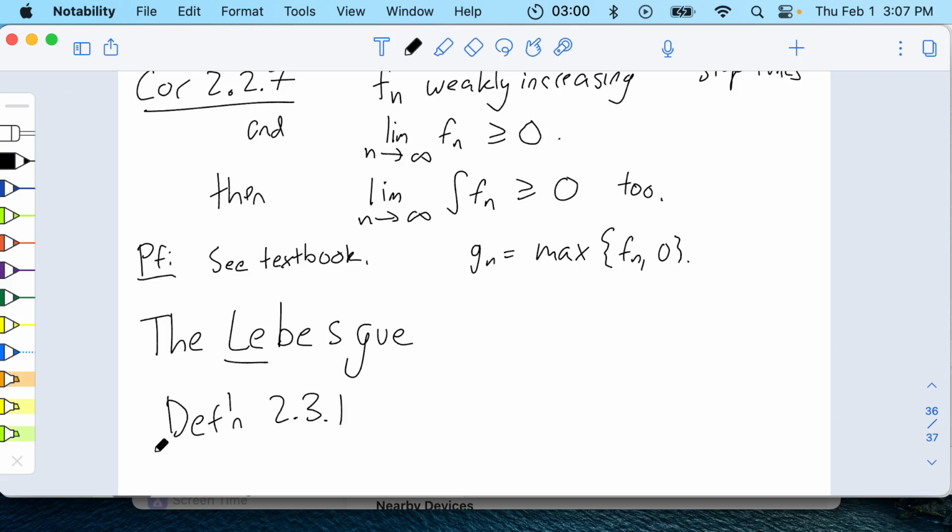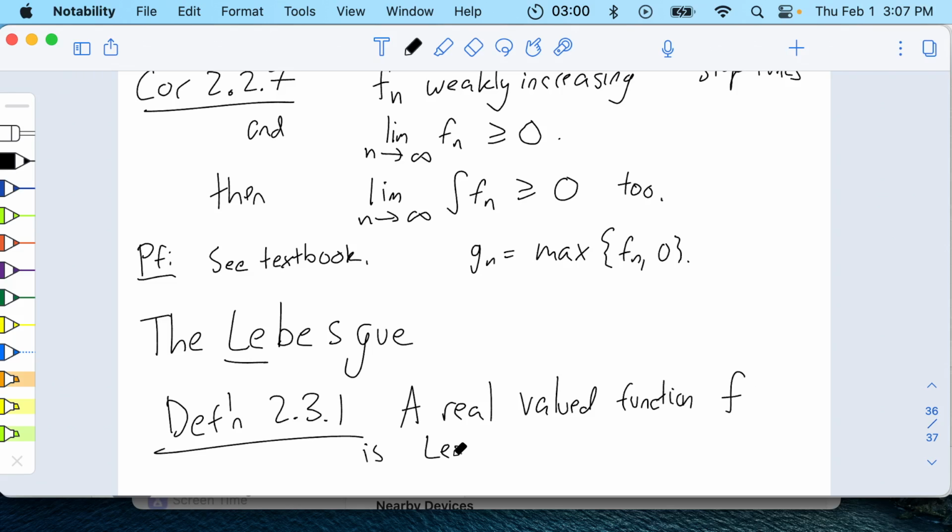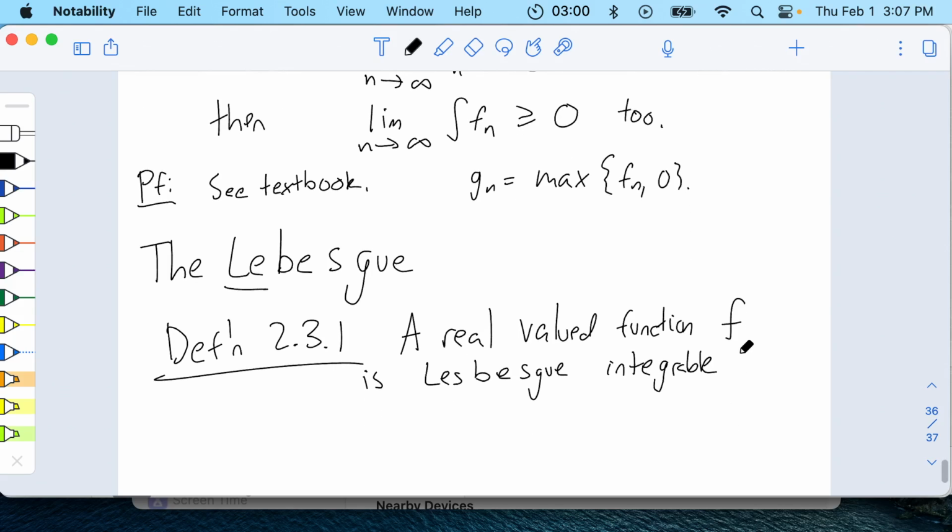Okay. And we're doing definition 2.3.1. So we're on to section 2.3. So far we've been doing only step functions, but now I'm going to tell you what it means for any function to be Lebesgue integrable. A real valued function f is Lebesgue integrable if, here are the three things you need.